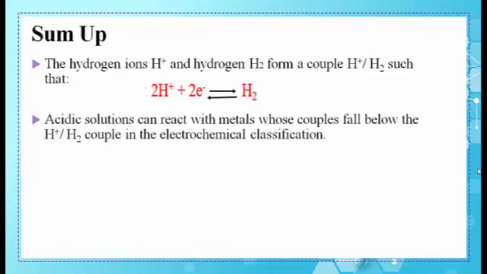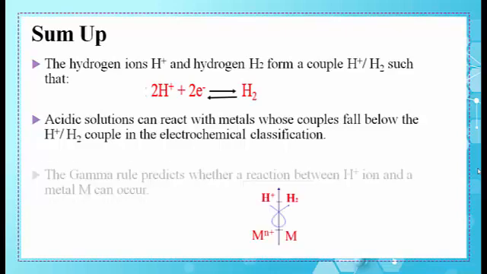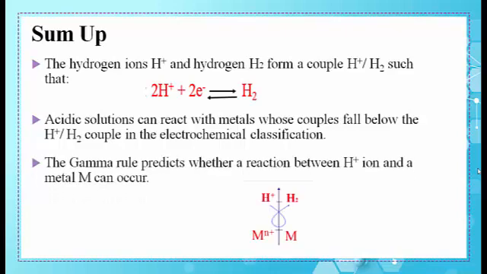Also, we said that acidic solutions can react with metals whose couples fall below the H+/H2 couple in the electrochemical classification. Finally, we said that the gamma rule predicts whether a reaction between H+ ion and a metal M can occur. The metal must have a greater reducing power than H2.